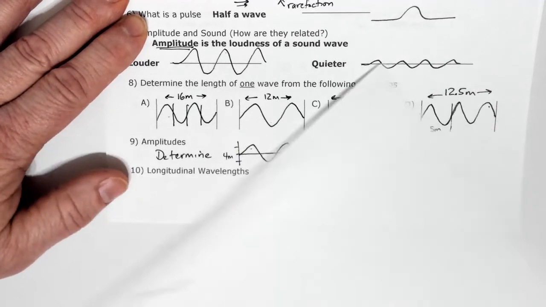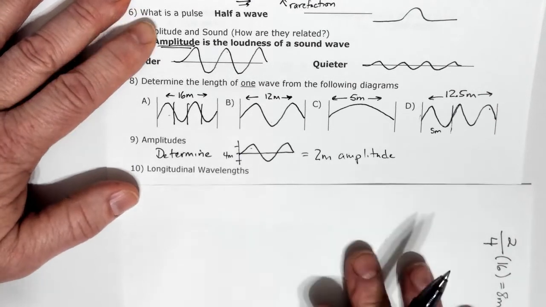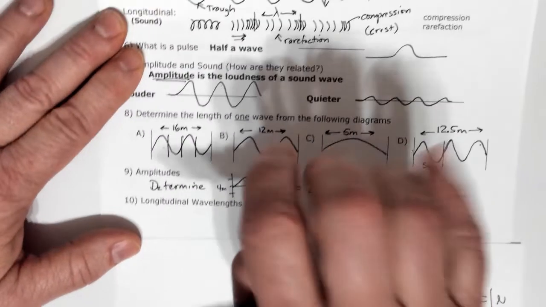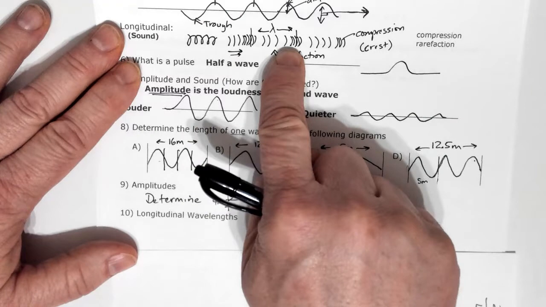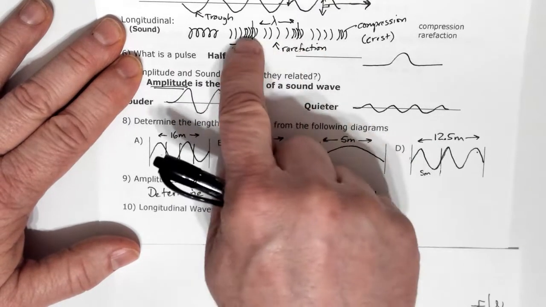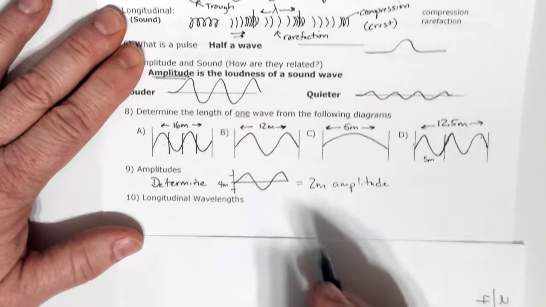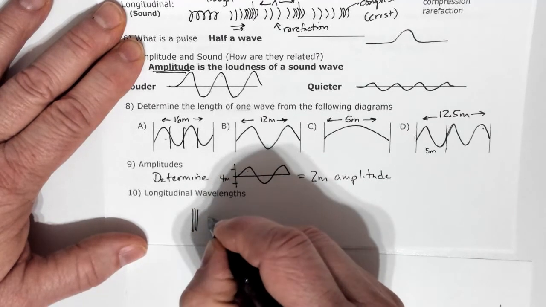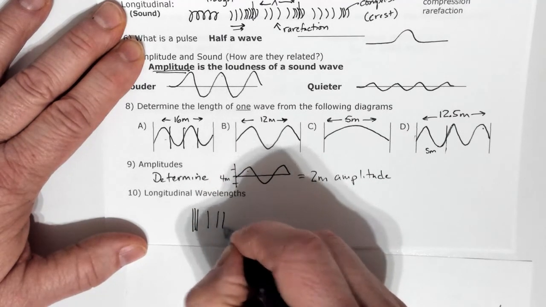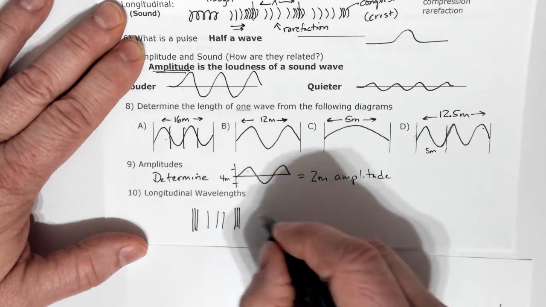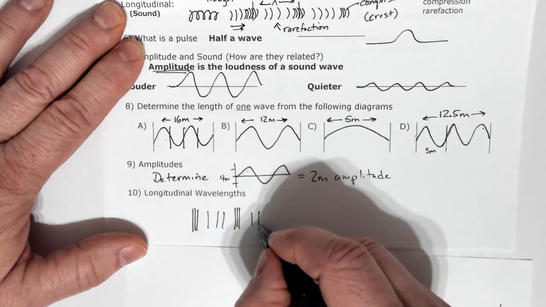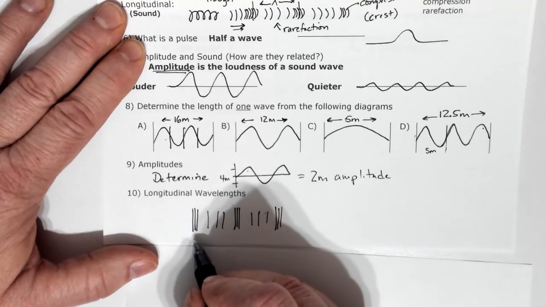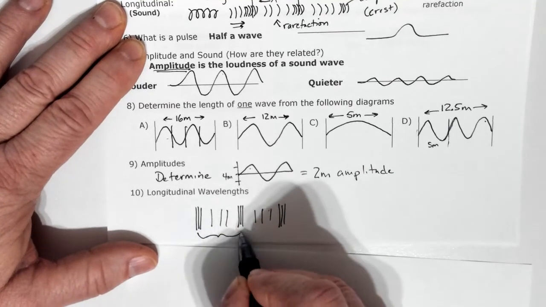Okay? How do we do longitudinal wavelengths? How would we measure those? Well, how you measure longitudinal wavelengths right here is you just measure from crest to crest. So if I have some compression waves, and then you have a rarefaction, then you have a compression, then you have a rarefaction, then you have a compression, you would just need to know what is the distance from here to here.